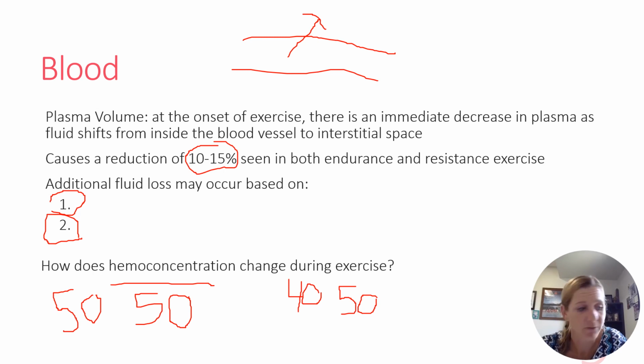Because now 50 out of 90, I'm actually going to do the math just to make sure I got this figured out for you. So now you're at 55% for your hemoconcentration versus over here you were 50%. That doesn't mean we've increased blood cells. We just have less fluid to start with. So again, hemoconcentration will go up. This is a relative change. The only reason this number has gone up is because you have less fluid to dilute it, essentially.